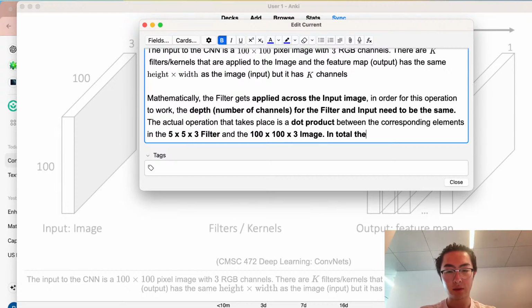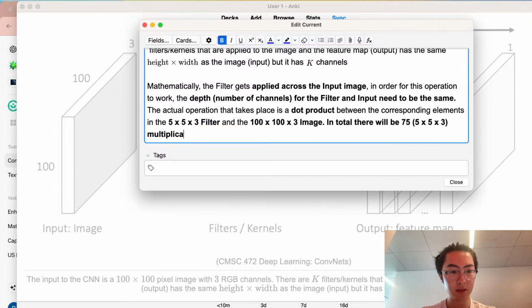In total, there will be 75, so 5 times 5 times 3 total multiplications that will get summed to a single value.